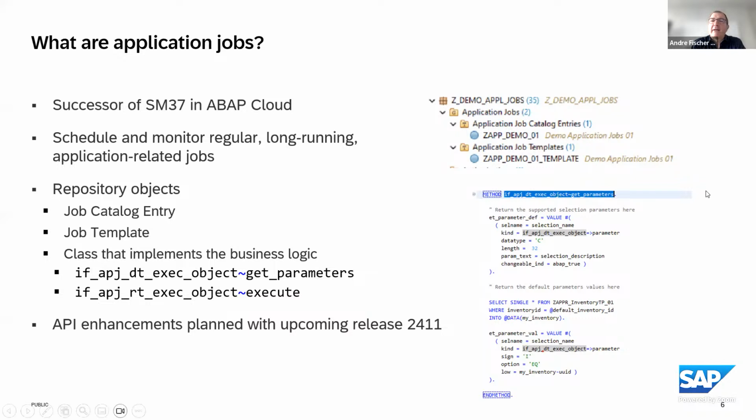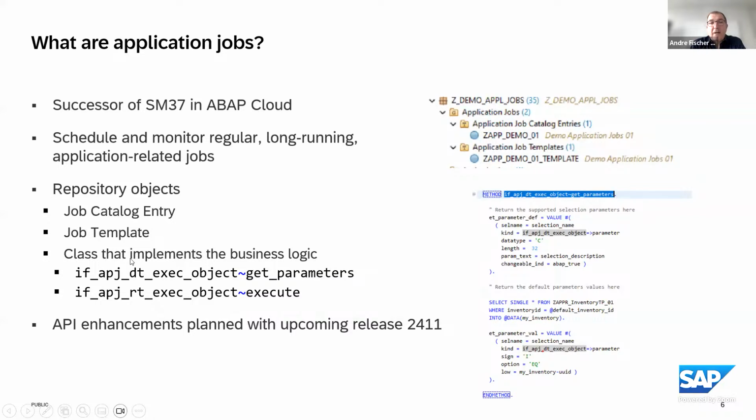So here on the right-hand side, we see a screenshot from ADT. And there, in a package that contains an implementation of application jobs, you will later see the GitHub link for that. We see two objects, so the application jobs catalog entry and the job template. So these are two repository objects that you have to create in order to work with application jobs in ABAP Cloud.